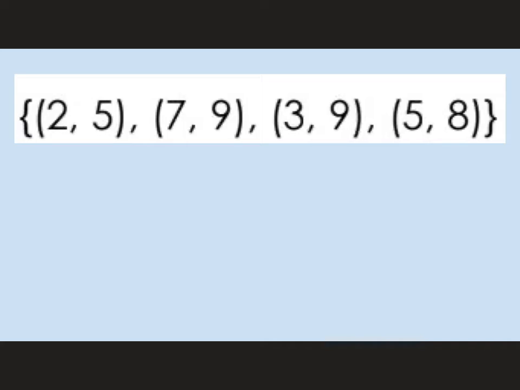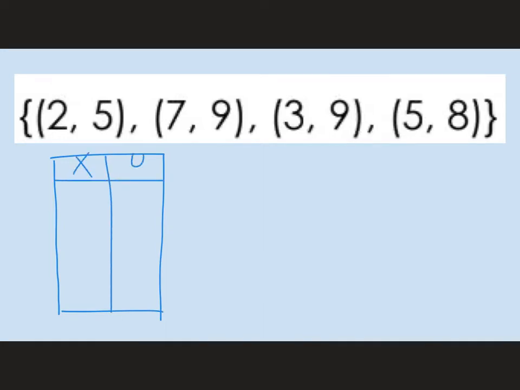All right, so one way to represent relations is by a set of ordered pairs. This is what you see here. We can also represent a relation by drawing a table. So let's go ahead and draw a table using these ordered pairs. So we have X and Y. Remember, each ordered pair is an X and a Y paired together.